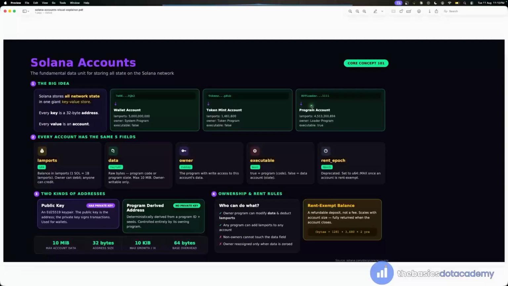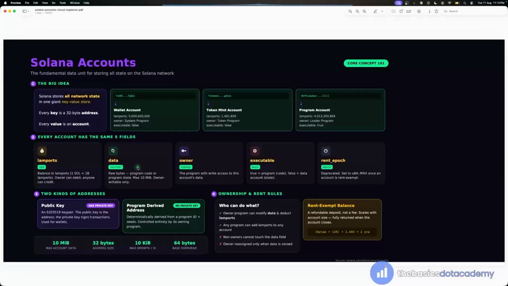Now each of these accounts has the same 5 fields. What are those 5 fields? First is Lamports. This field indicates the wallet's balance in Lamports, wherein one SOL is equal to 1 billion Lamports. Only the owner can debit Lamports. However, anyone can credit Lamports into a wallet account. Secondly, we have data. These are raw bytes or program code.